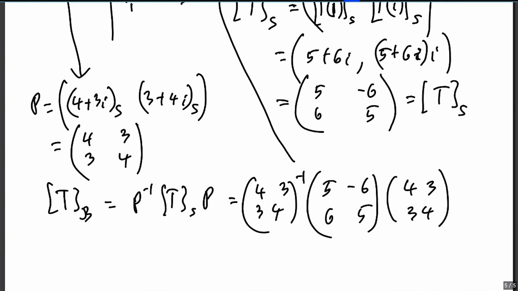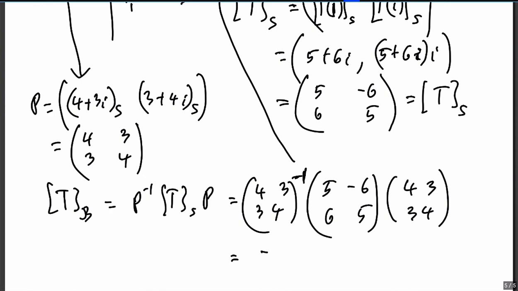I do recommend that you use MATLAB, for example, for this. This is just like too much calculation already. Although you could calculate in a few steps the inverse of this matrix and then multiply the first two matrices and then the third matrix. But you're not going to get very nice numbers in some cases.